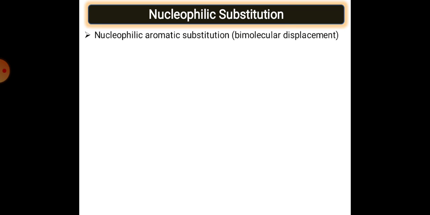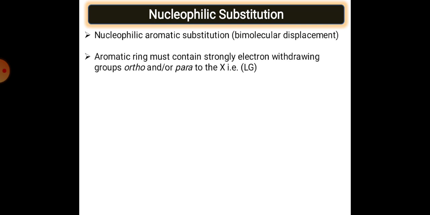Now, nucleophilic substitution reaction can be done because the nitro group withdraws electron density from benzene, so benzene becomes deficient. So any nucleophile can approach and react with the leaving group, and the leaving group will be displaced. Nucleophilic aromatic substitution is a bimolecular displacement, requiring two species. What is the example here?